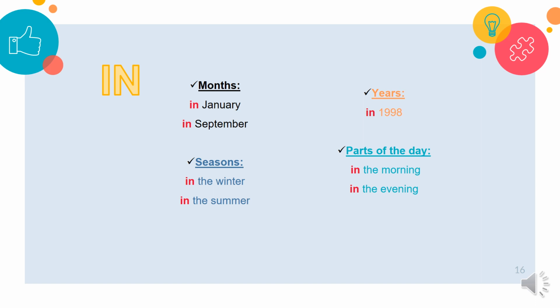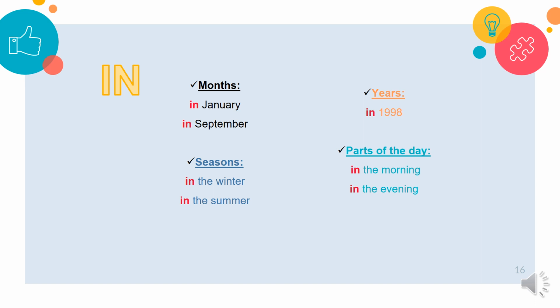Years. We use in with years. For example, in 1998. In English, we separate the numbers when we talk about years.